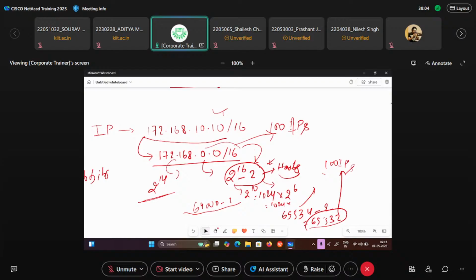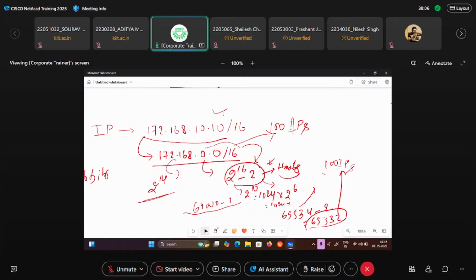So due to this, to minimize this type of wastage of IPs, the first concept that came was subnetting. By the help of subnetting, you can reduce that wastage of IP addresses. Apart from subnetting, there are many other solutions to reduce the shortage of IP addresses. One is called NAT, which is network address translation.